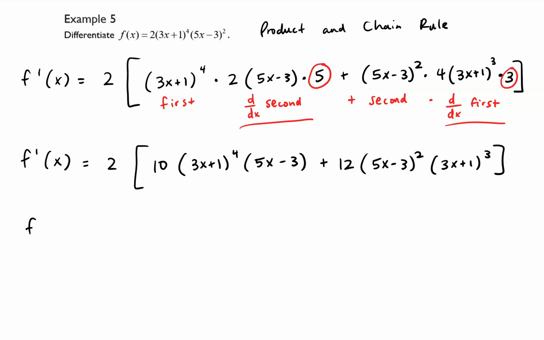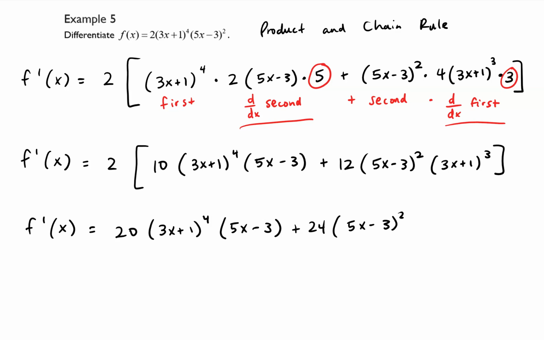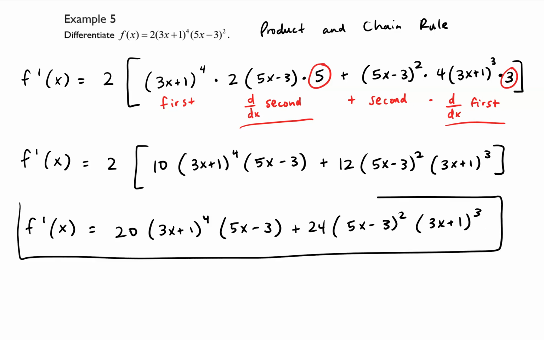If you want, maybe you can distribute in the 2, but other than that, leaving it as is. So I'm going ahead and I'm distributing the 2 in from the outside of the brackets. And everything else is quite long. So we could just leave our derivative function like that.